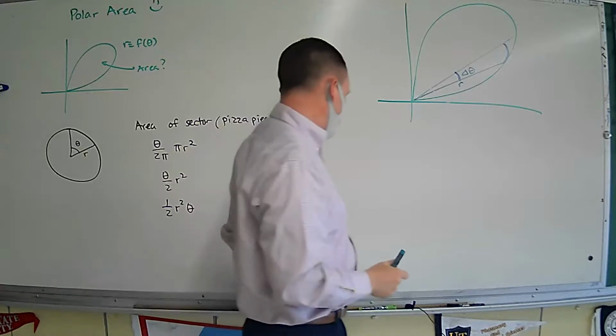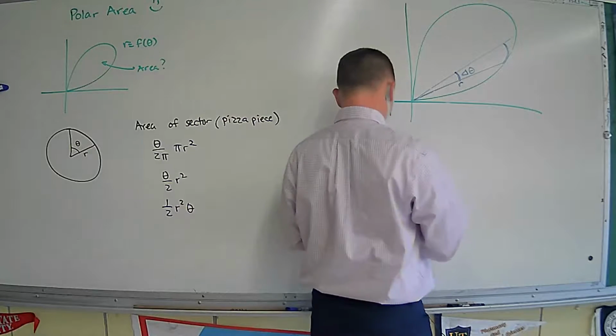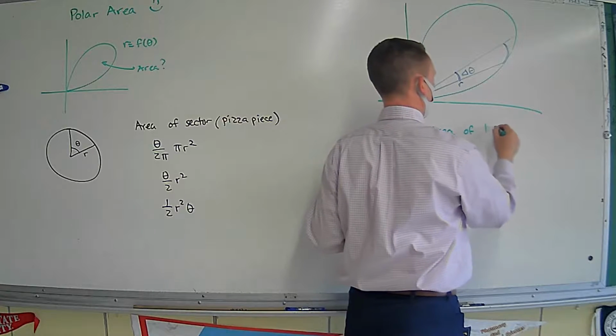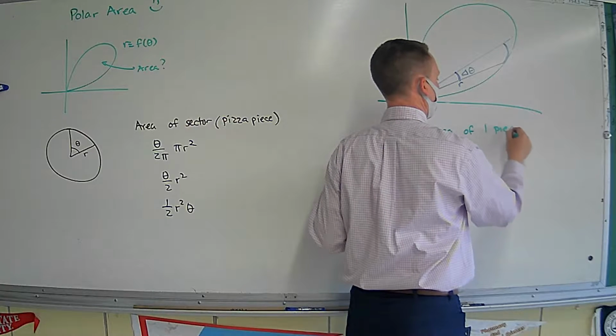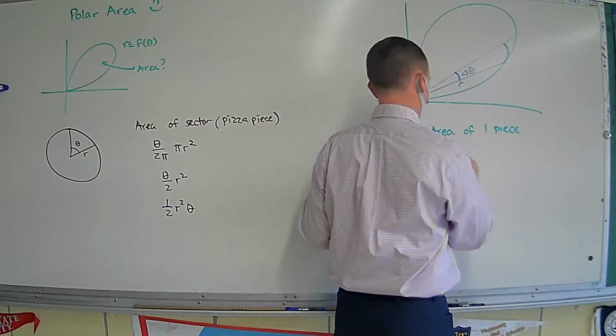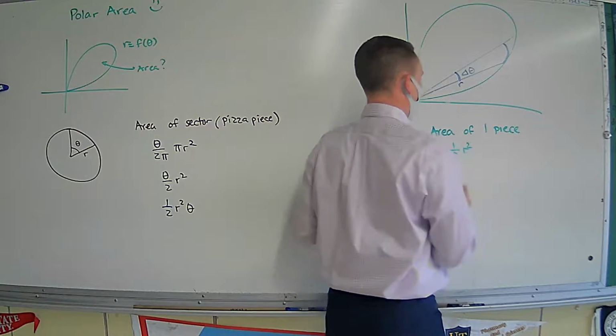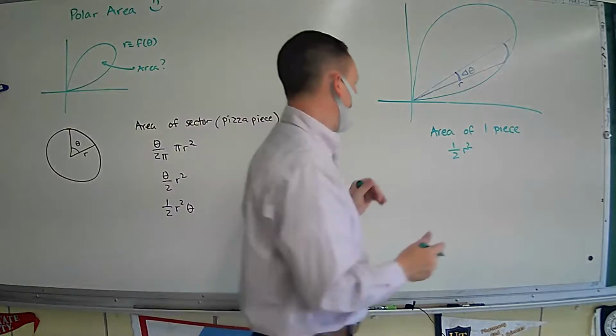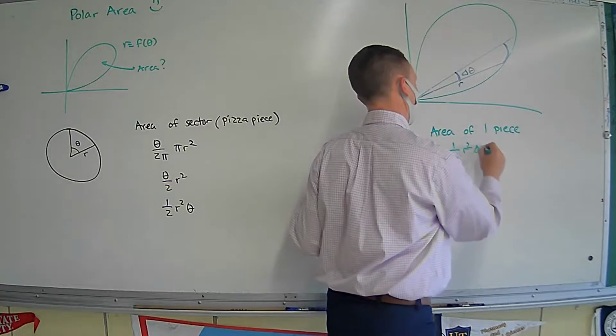Well, what would the area of that be? It would be 1/2 r squared. And then what's the angle? Delta theta.